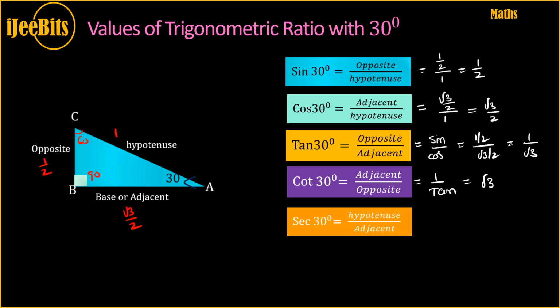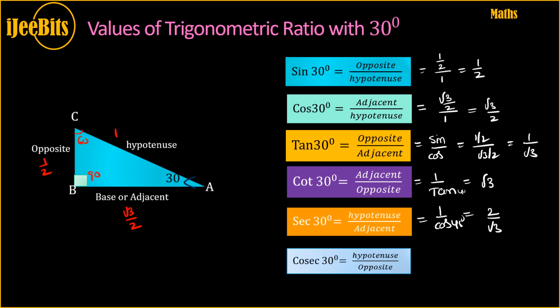Secant 30 means 1 by cos. Right? So 1 by cos. What is the computed value of cos? Root 3 by 2. So the reciprocal is 2 by root 3. Cosecant 30 is 1 by sine.